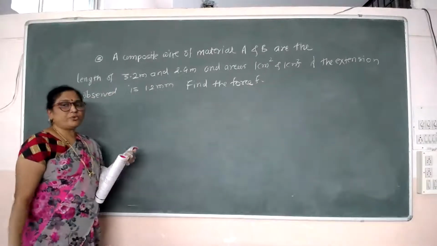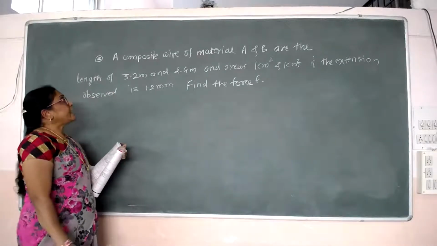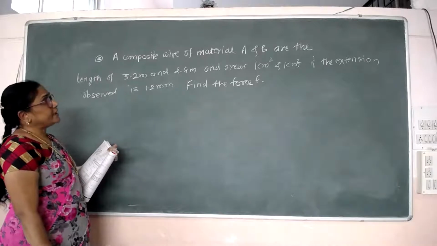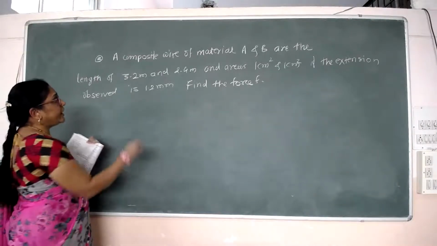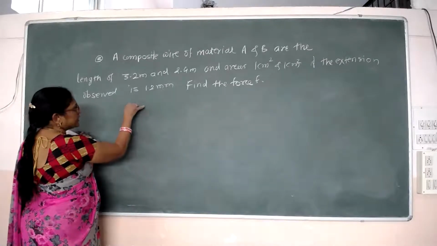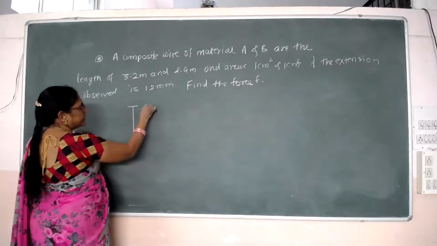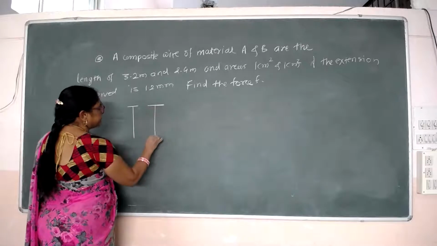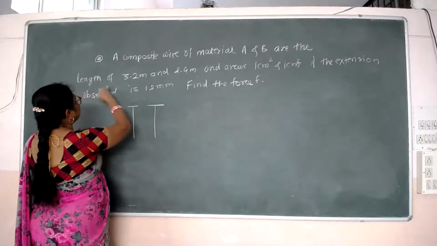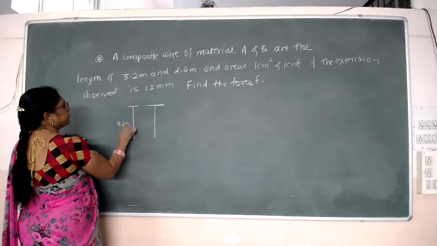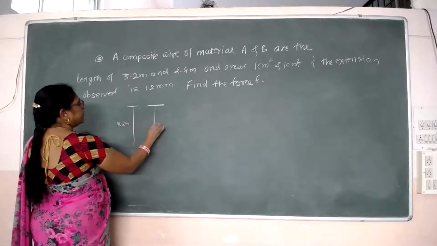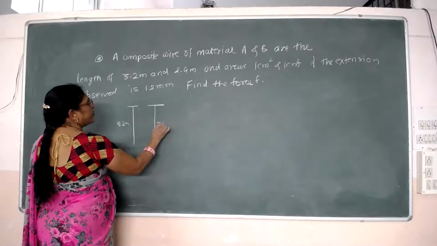So here two wires are given. Two wires means a composite wire of material A and B of lengths 3.2 meter and 2.4 meter. Consider the first wire and the second wire: the length of the first wire is 3.2 meter and the second wire is 2.4 meter.